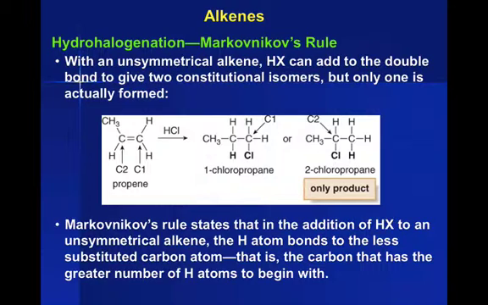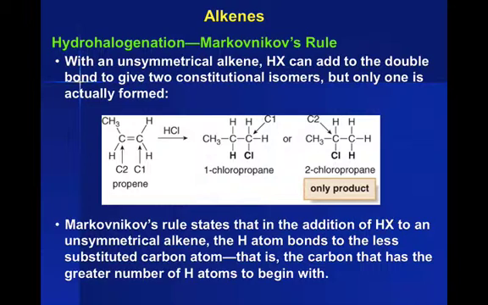Very important, okay? So the hydrogen is going to go to the carbon atom with the most hydrogens, because in doing so, you'll end up with the most substituted carbocation. So let's look at another quick example here. What's my product going to be?